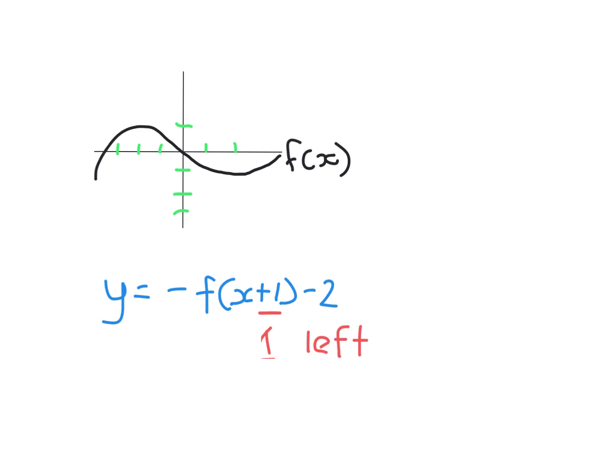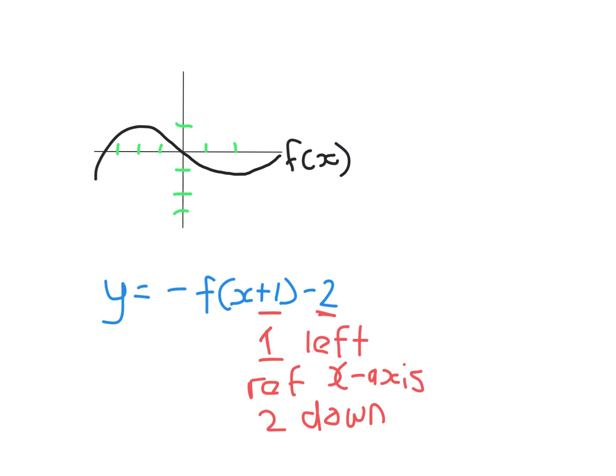Remember, that goes the opposite way that you might expect. Then I'm going to focus on this number here. Well, this is a reflection, and it's a reflection about the x-axis. And after I've performed those, I'm going to concentrate on the -2, which is 2 down. So I have to perform these 3 transformations on the points that lie on this graph here.